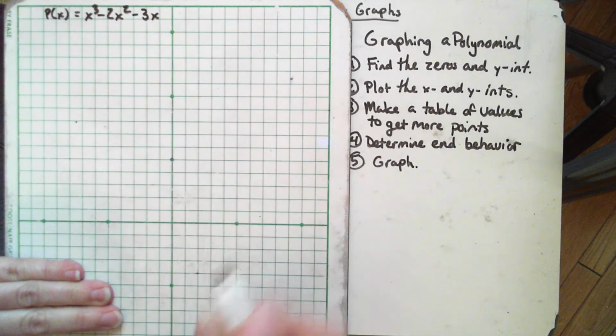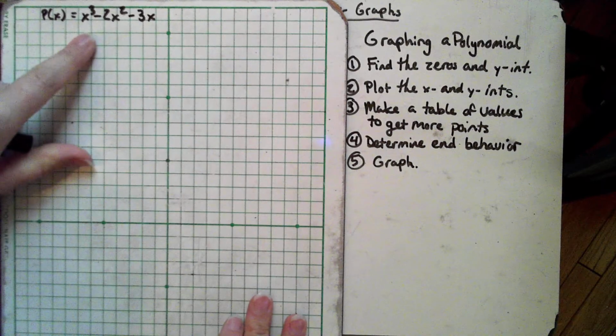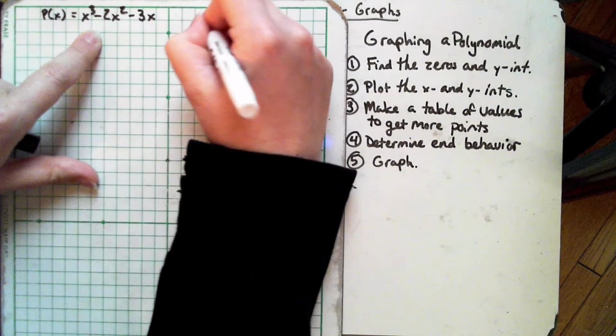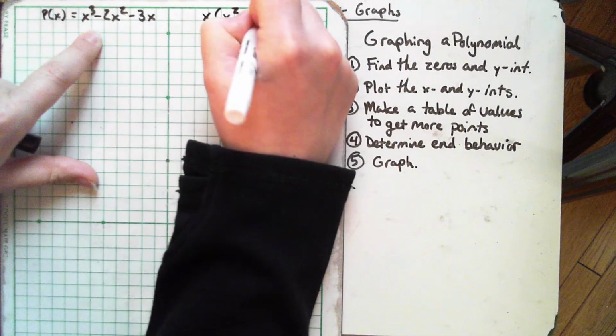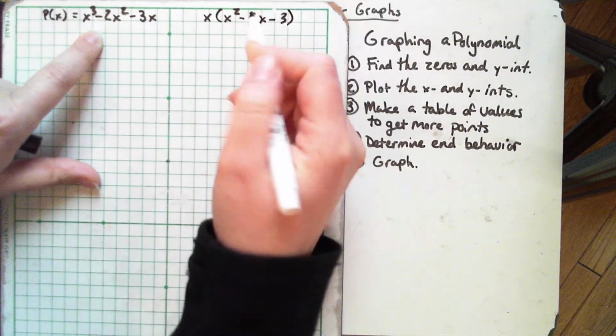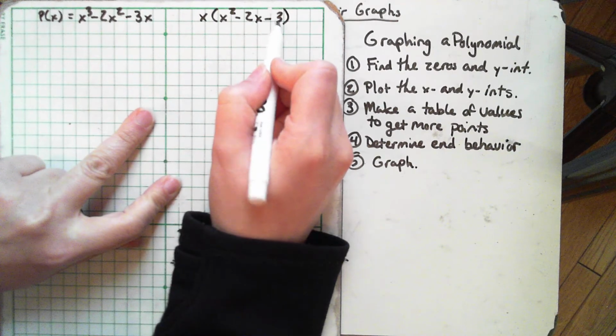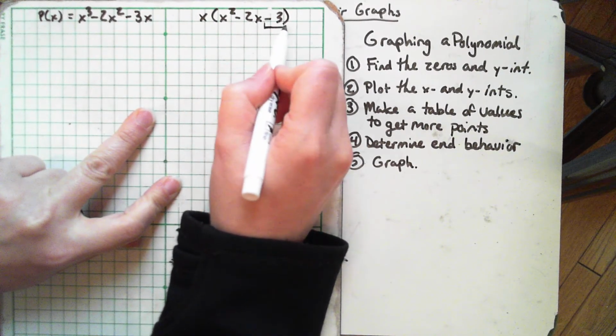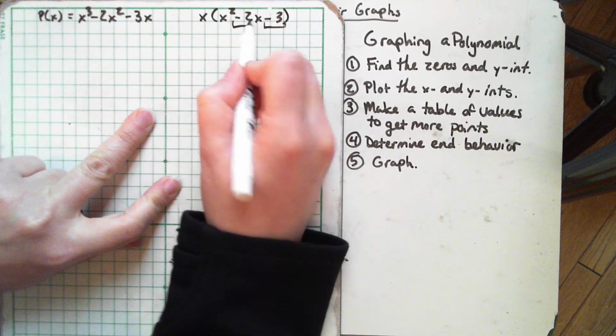So first I'm going to find the zeros using factoring. If I was to factor this thing, I would factor out the x. And then I would factor this by looking for numbers that multiply to -3 and add to -2.